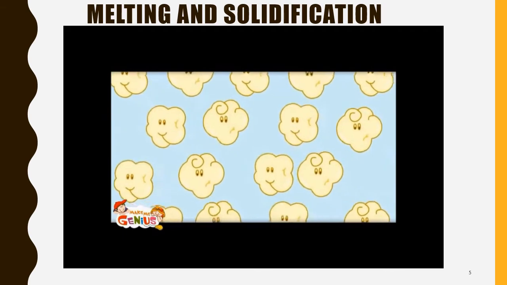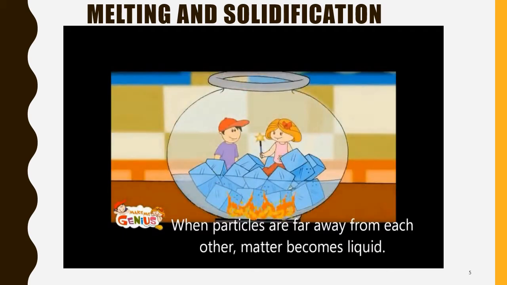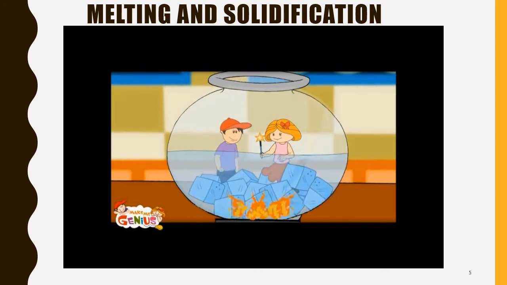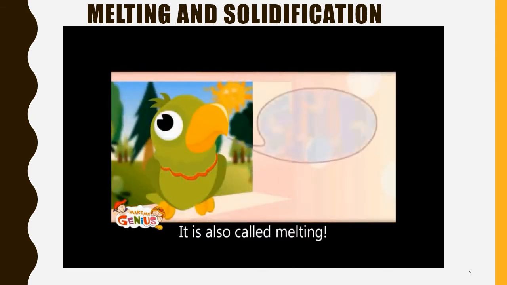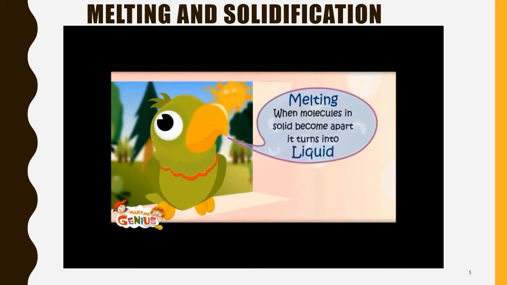And you know, when molecules are far from each other, what happens? Yes, matter becomes liquid. Yes, it is also called melting. Melting. When molecules in solid become apart, it turns into liquid.